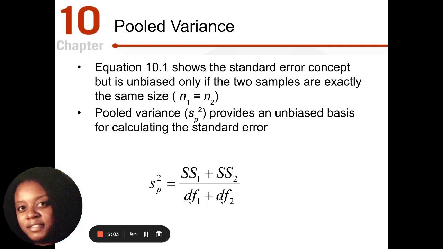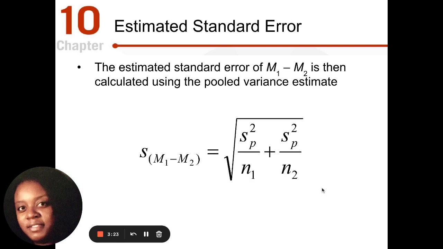Pooled variance is an equation that shows the standard error concept, but is unbiased only if the two samples are exactly the same size. And pooled variance provides an unbiased basis for calculating that standard error. So we can see here the estimated standard error can then also be calculated using the pooled variance estimate.